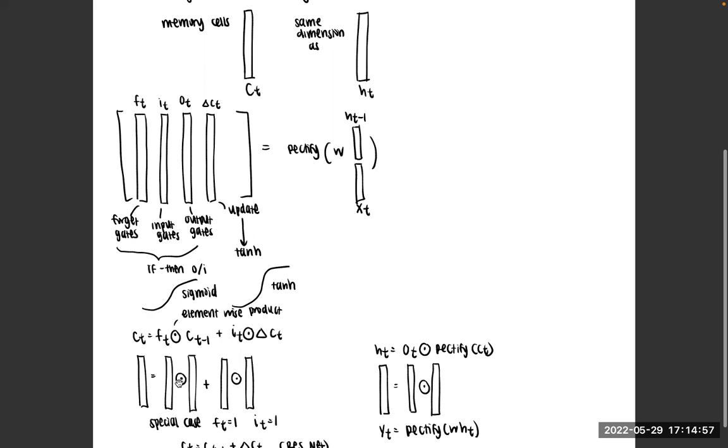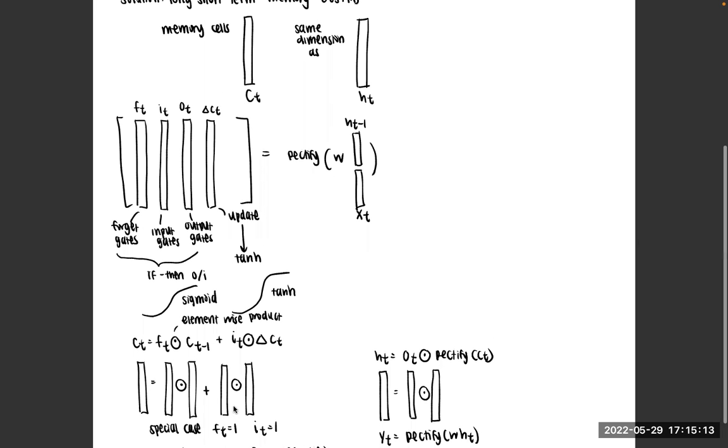And this circle dot means that we compute the product element byontent, so everything is an element-wise product.